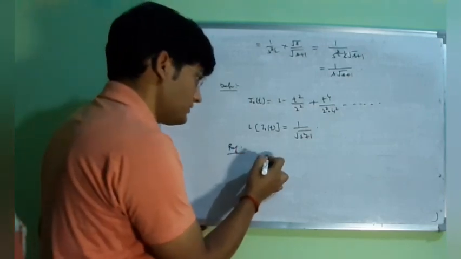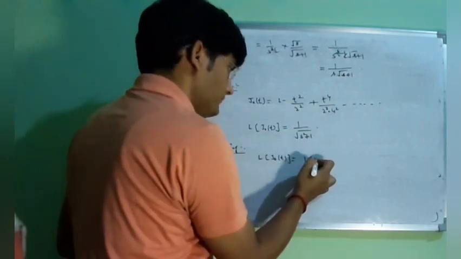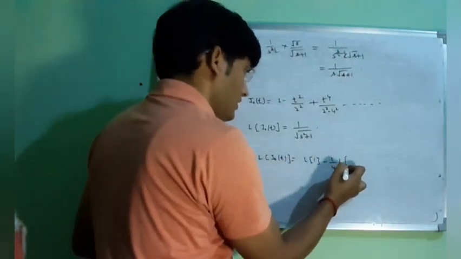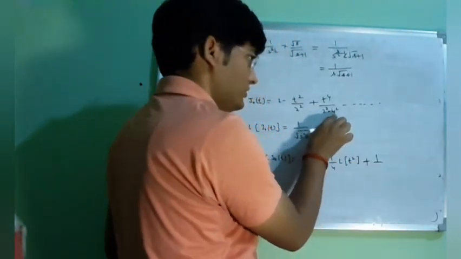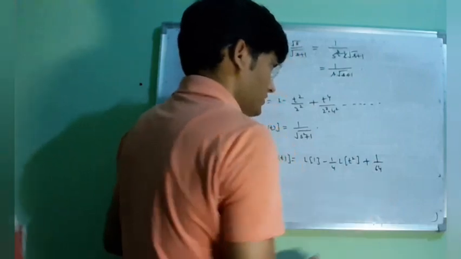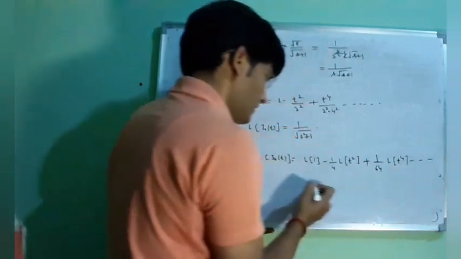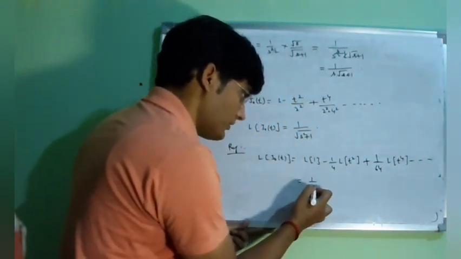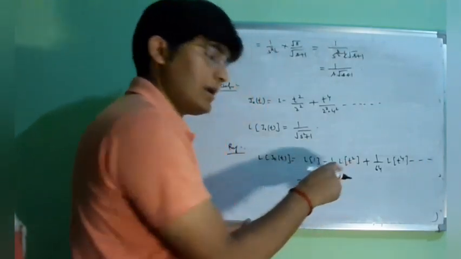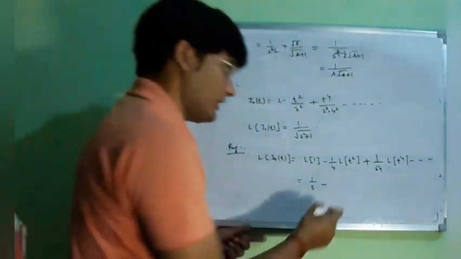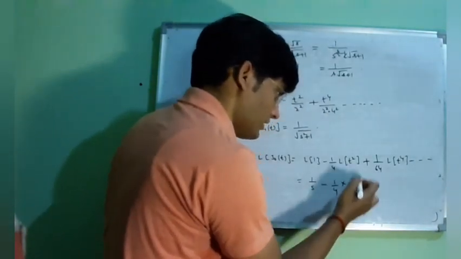So the Laplace of J0 t will be the Laplace of 1 minus 1 upon 4, the Laplace of t square plus this will be your 4, 16, 4 into 16 is 64, then the Laplace of t power 4 and so on. We know that the Laplace of 1 is 1 by s, and the Laplace of t square is equal to, you know that the Laplace of t power n equal to factorial n upon s power n plus 1. So this is your factorial 2, that means 2 upon s power 3.